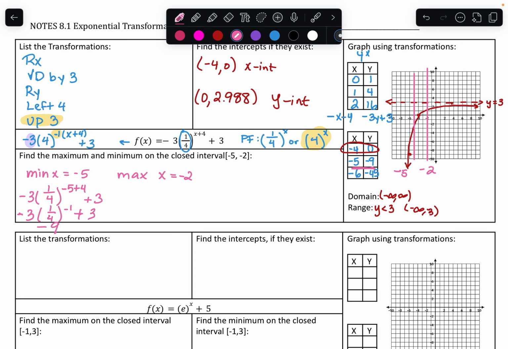Okay, plugging in -2. We have -3, 1/4 to the -2 plus 4 plus 3.